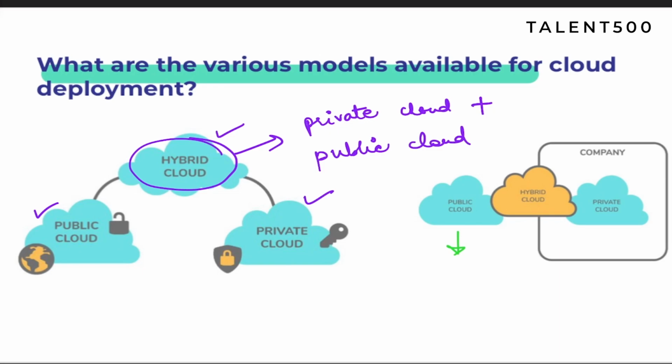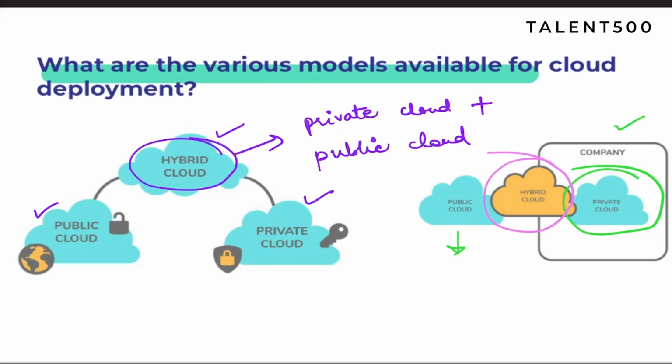If you look at this one, you can see the public cloud is publicly available. It is not actually a part of this company. But this private cloud, we are putting in certain boundaries so that we can say this company is owning that, or this cloud service is exclusive for that company. On the other side, this hybrid cloud is lying in the middle.